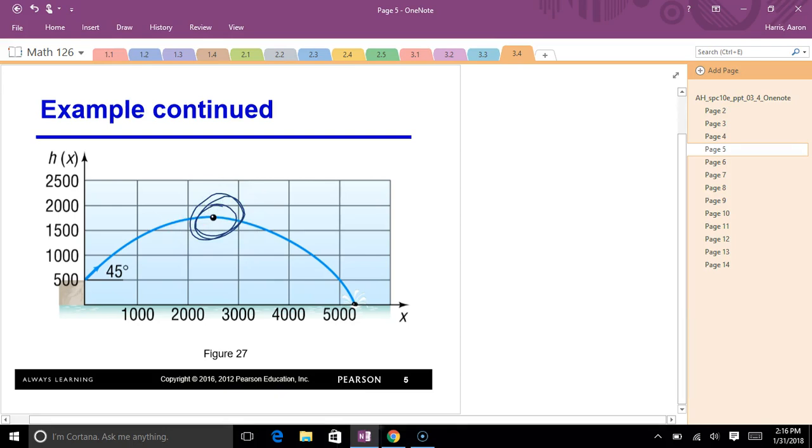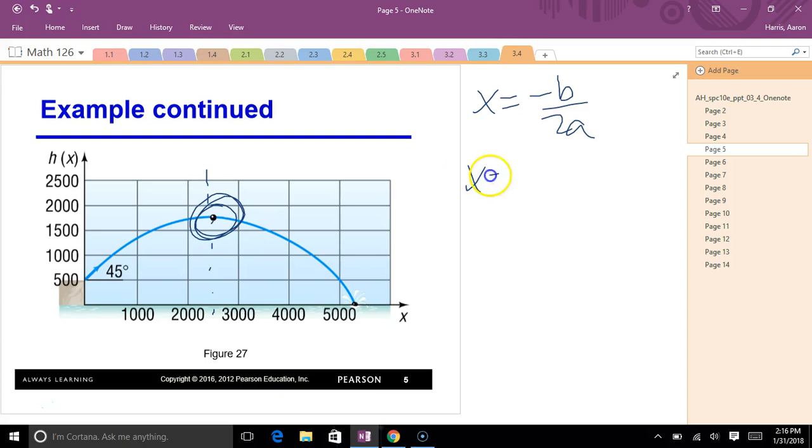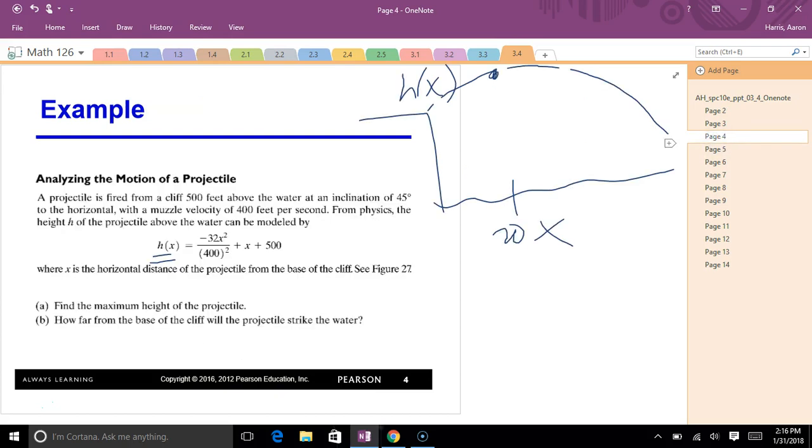Well, once again, we've got this quadratic equation, and we know our maximum occurs on the axis of symmetry. So we're going to plug it in, negative b over 2a. We just identify what our a and b are. That negative 32 over 400 squared, there's our a. Our b would be 1. Of course, our c is 500.